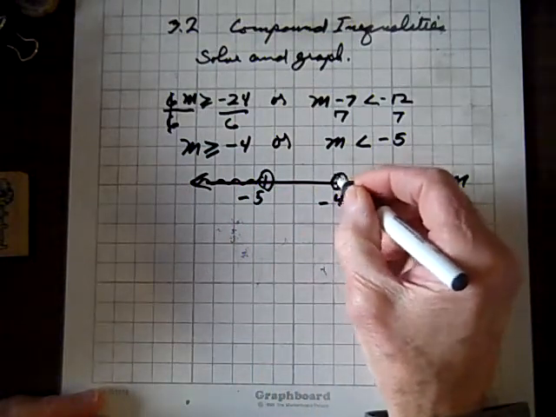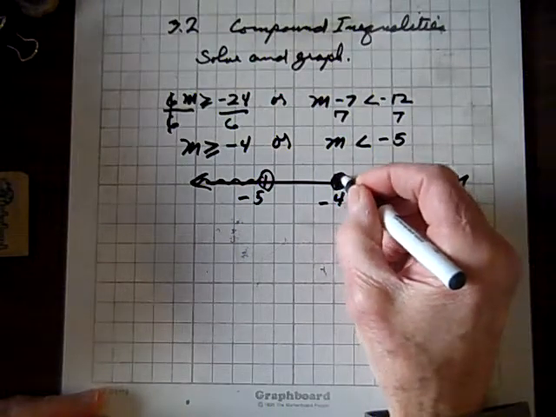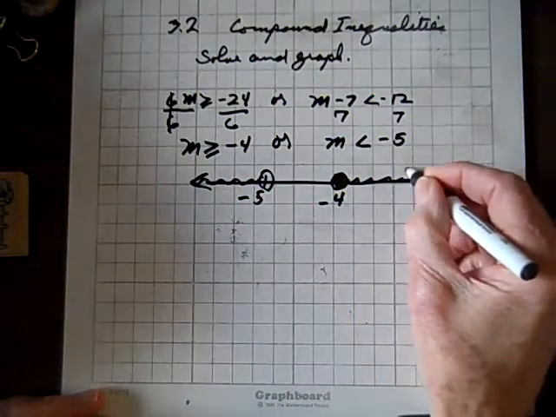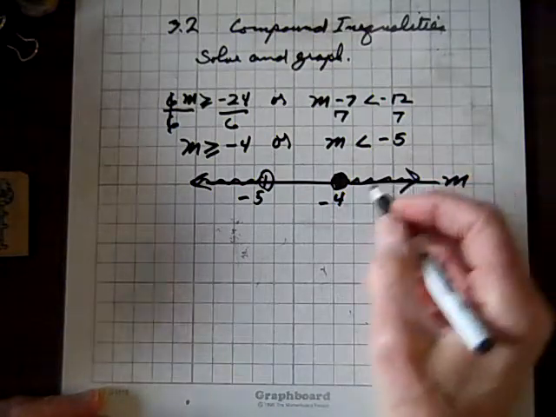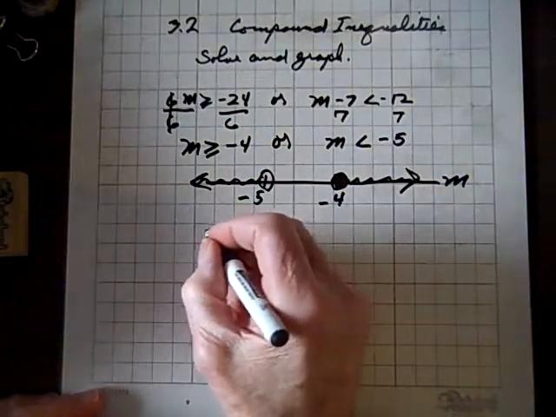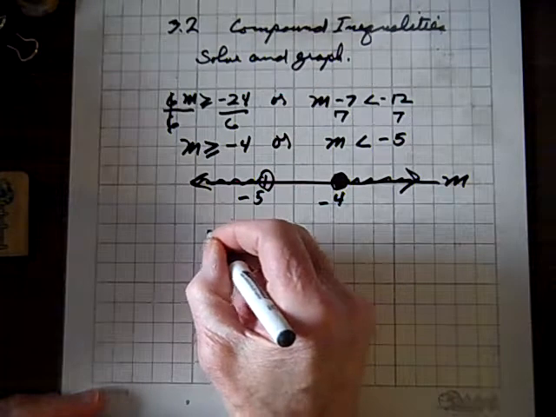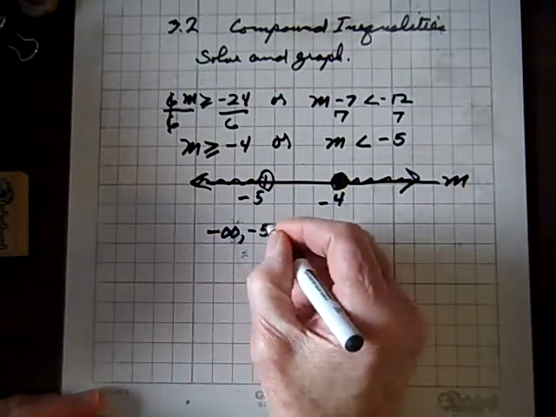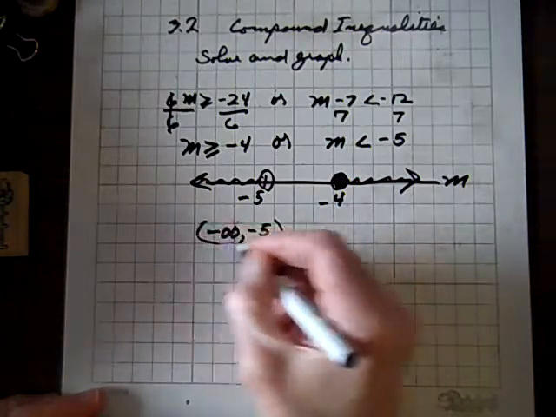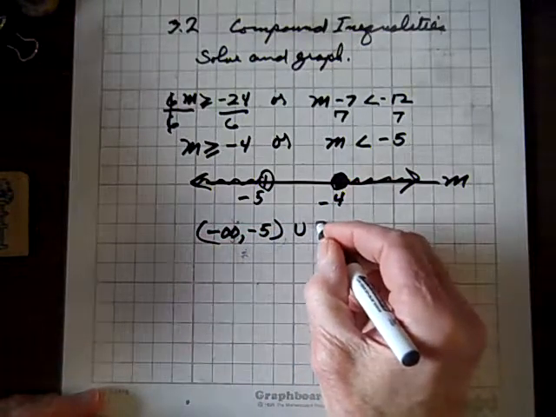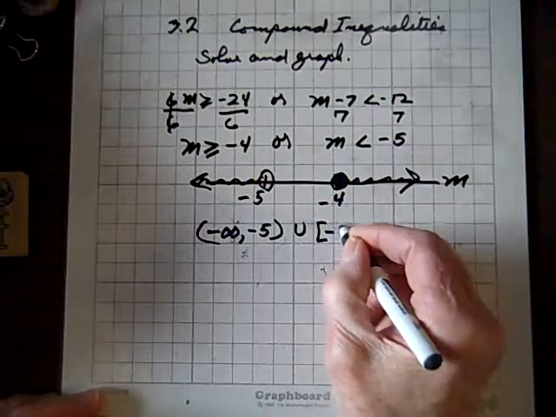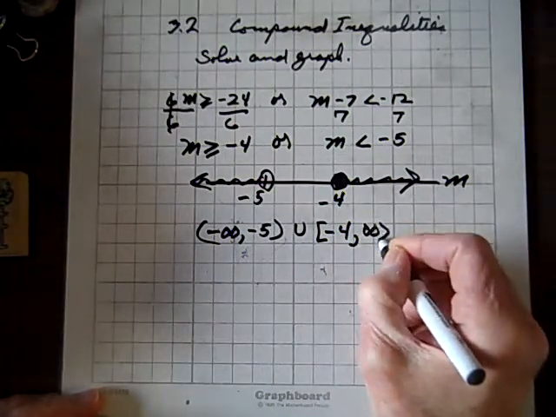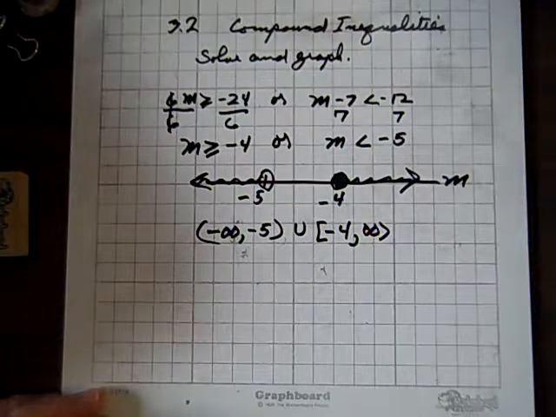And we want a solid circle here because an equal sign is associated with the inequality and everything to the right. So there's our graph. In interval notation, we have negative infinity to negative 5, parenthesis, union with, bracket, negative 4 to infinity. And there's our solution in interval notation.